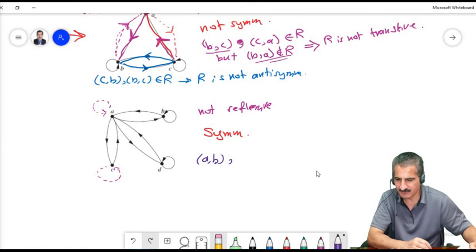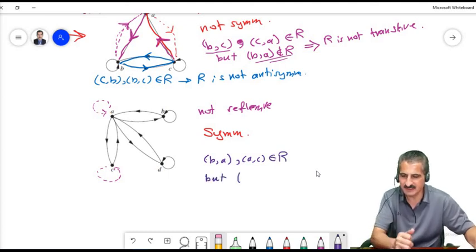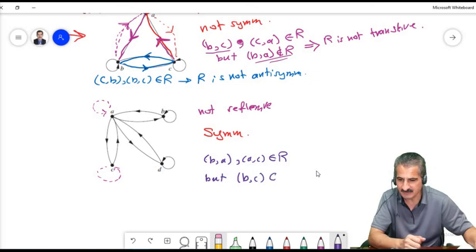B is related to A, and A is related to C, right? So B to A to C. What about B to C? There is no edge connecting B and C, and that gives R is not transitive.